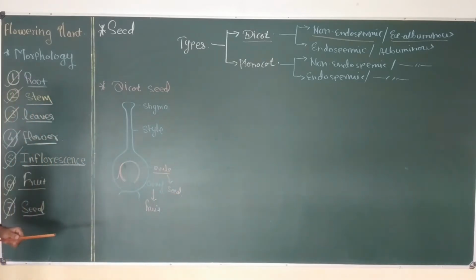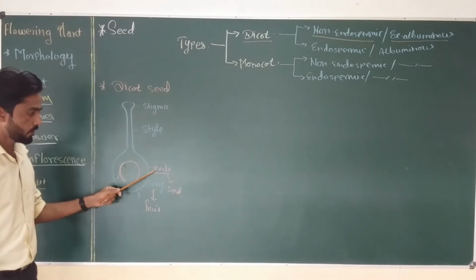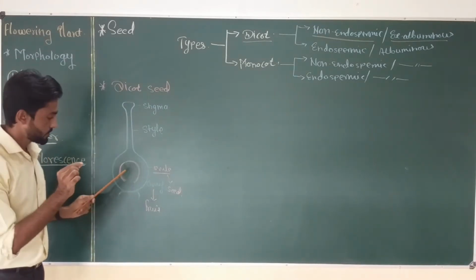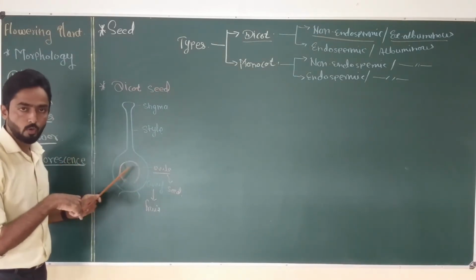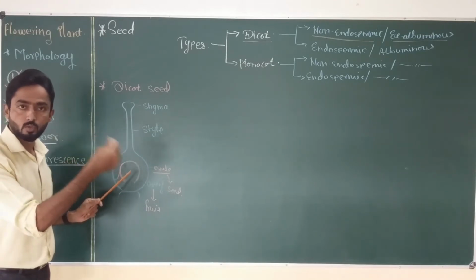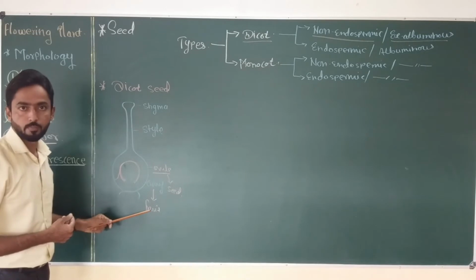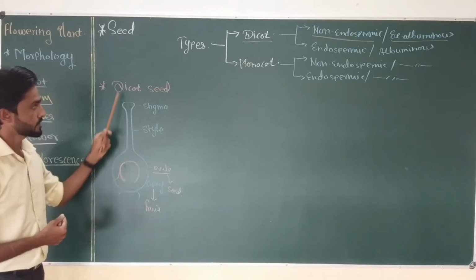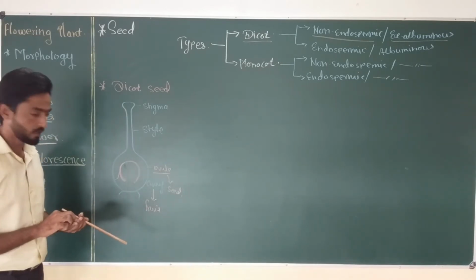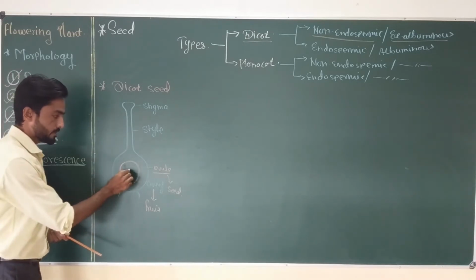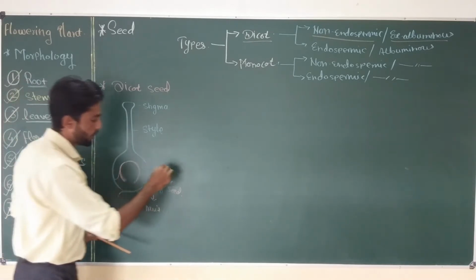The ovule is the only structure present inside the ovary that leads to the formation of the seed. The ovary only takes part in the fruit development process.